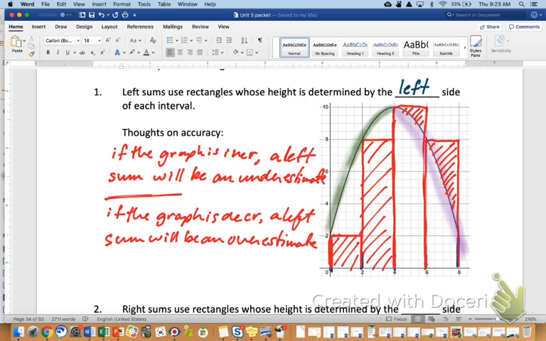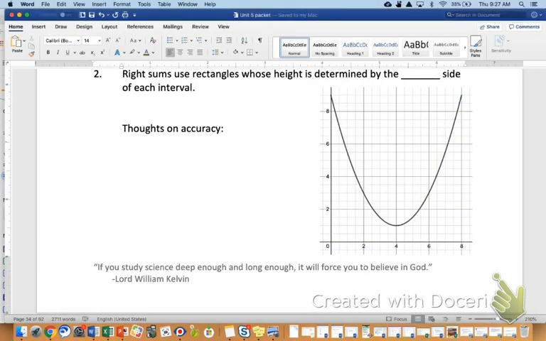Okay, so that's a left sum, and we're now going to look at a right sum. Right sums use rectangles whose height is determined by the right side. Hopefully that's not a surprise. Again, same kind of thing.